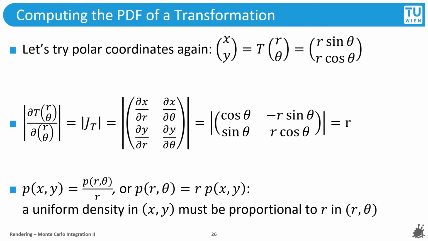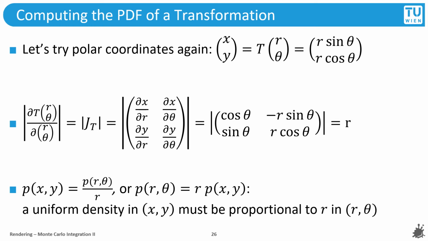Returning to the unit disk, let's see if we can now measure the change in the PDF caused by the transformation from polar to Cartesian coordinates, this time with multidimensional random variables. We can easily find the Jacobian matrix of the transformation by computing all partial derivatives, and if we take the determinant of the resulting matrix, we get radius r.